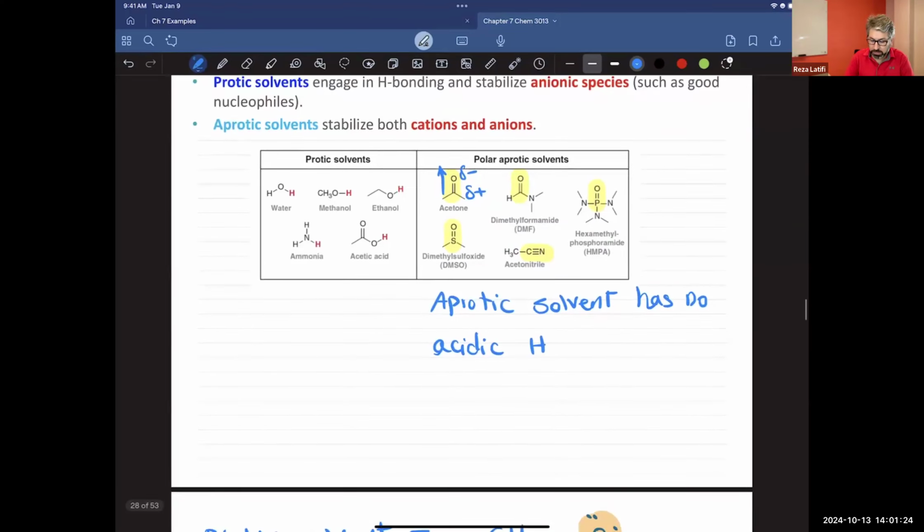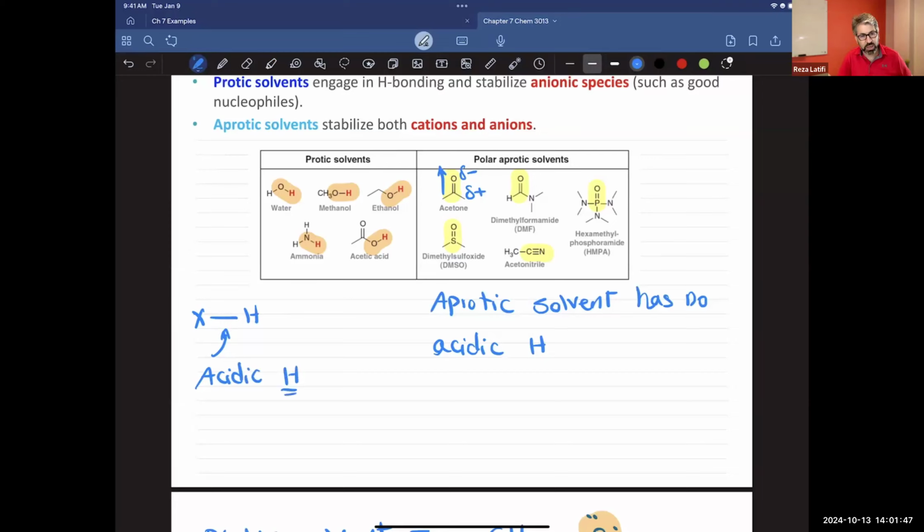Okay, well, the protic solvent, if you look at the electronegative element, it has hydrogen there. So they are not only polar, they do have acidic H. So X attached to H, and this is going to be the acidic hydrogen.